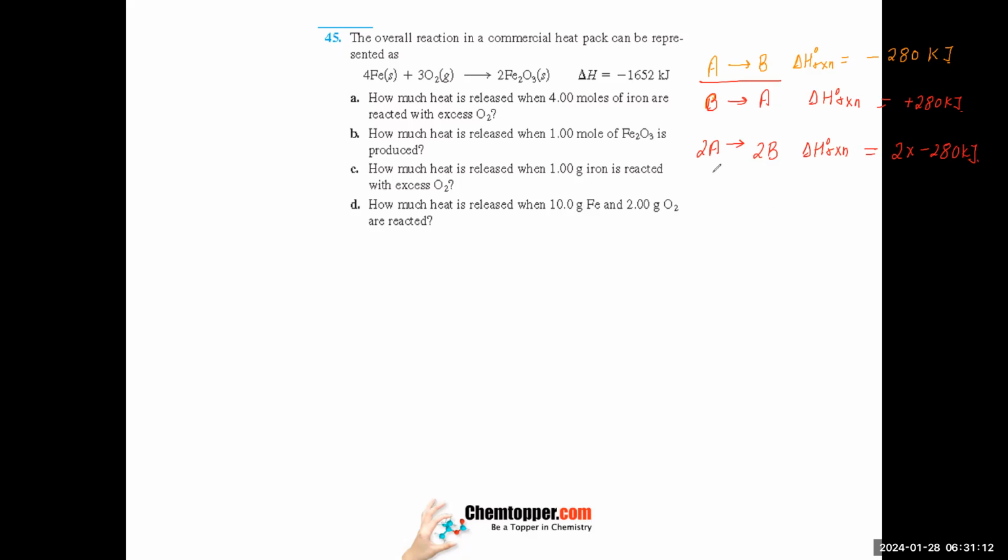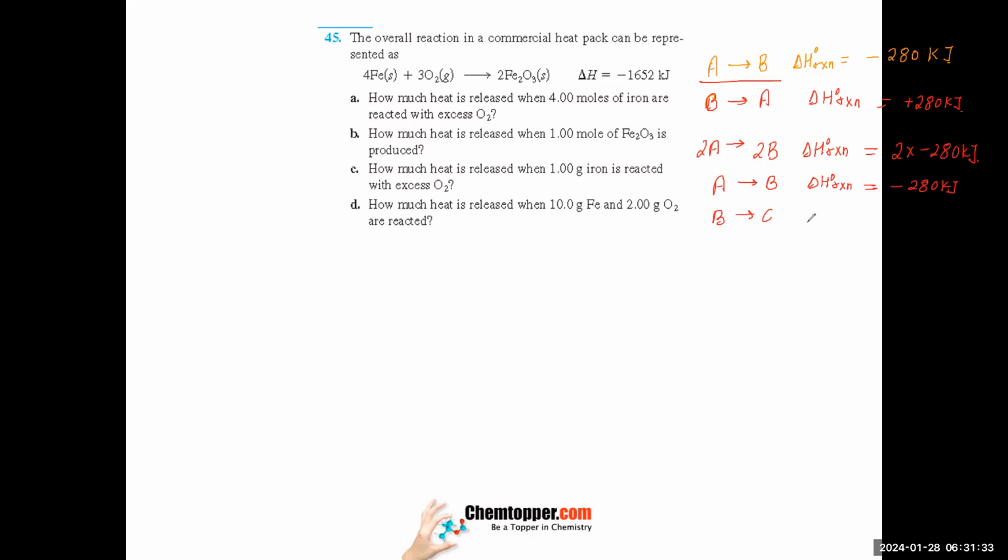Okay. And if I add two equations, like A is giving me B, B is giving me C, delta H naught reaction for the first reaction is minus 280 kilojoules.